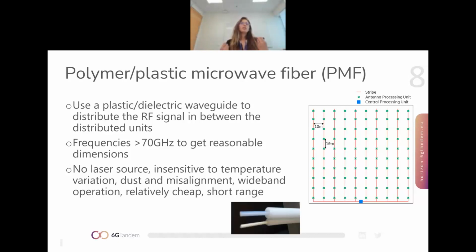And so they are light, contrary to optical fibers, there are no laser sources required. They're insensitive to temperature variations, and they're wideband compared to coax deployments. So it seems like a very niche case here that we can use the fibers.